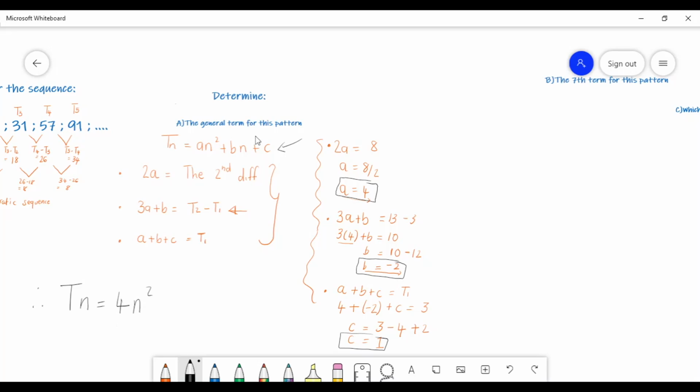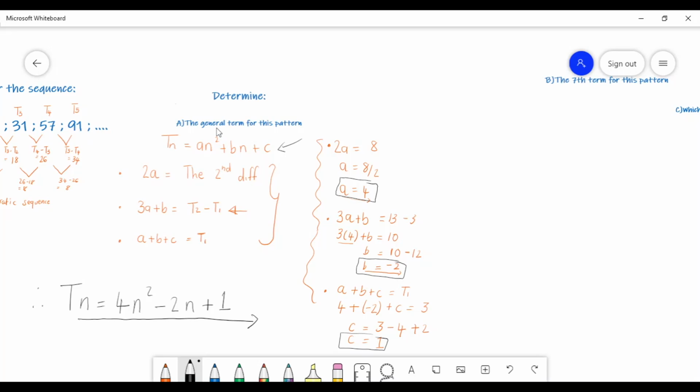What was the value for b? It's equal to minus 2, therefore it's minus 2n. And then plus, what was the value for c? The value for c was equal to 1. All right, guys, so that is the formula for the general term for this pattern.